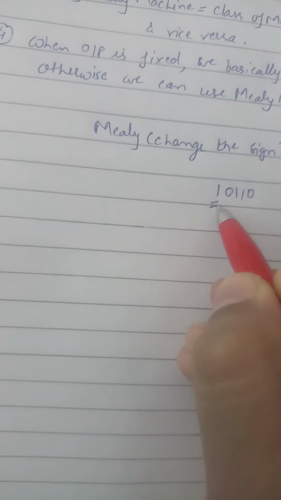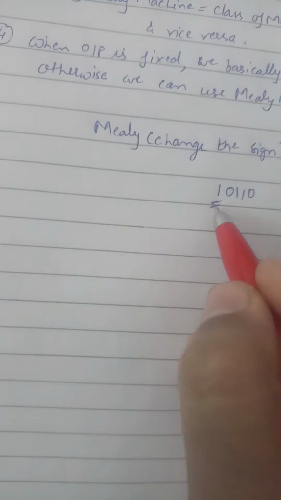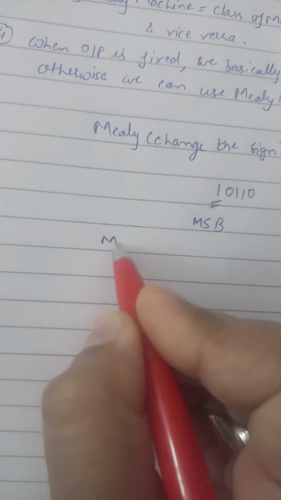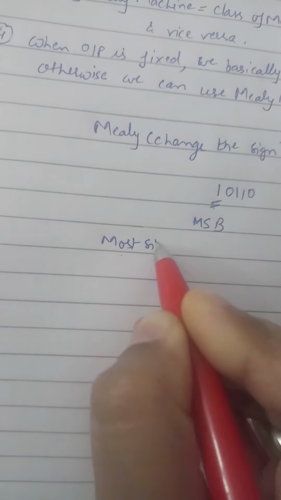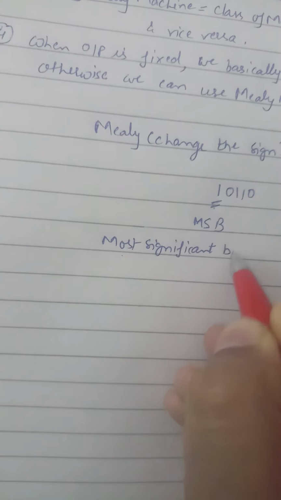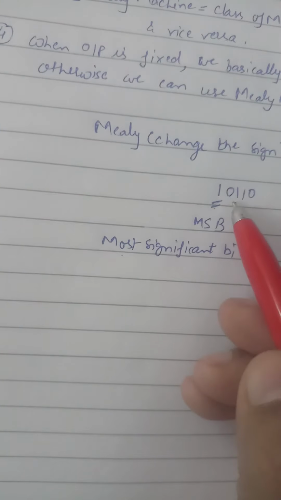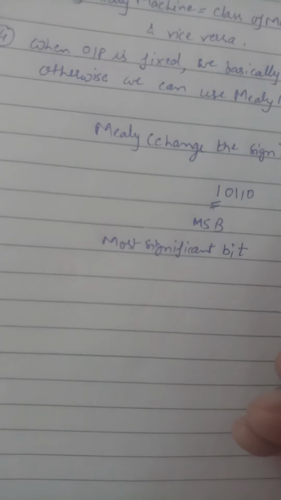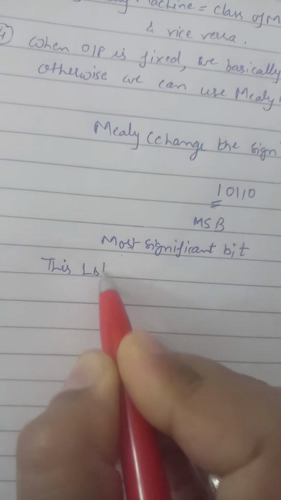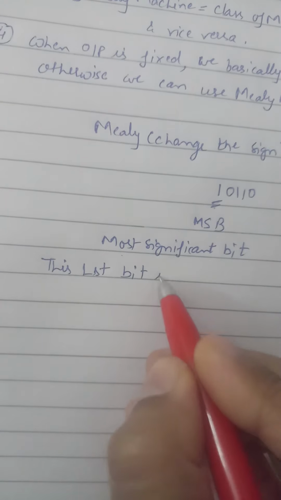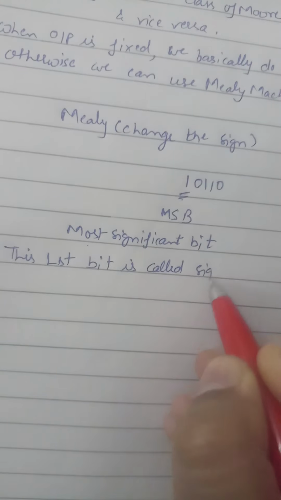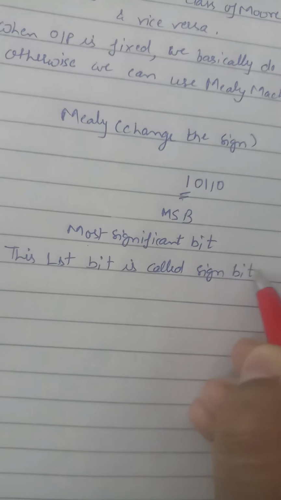The first bit of that string is called the MSB, or most significant bit, and this first bit is called the sign bit, or we can say this indicates the sign of that string.